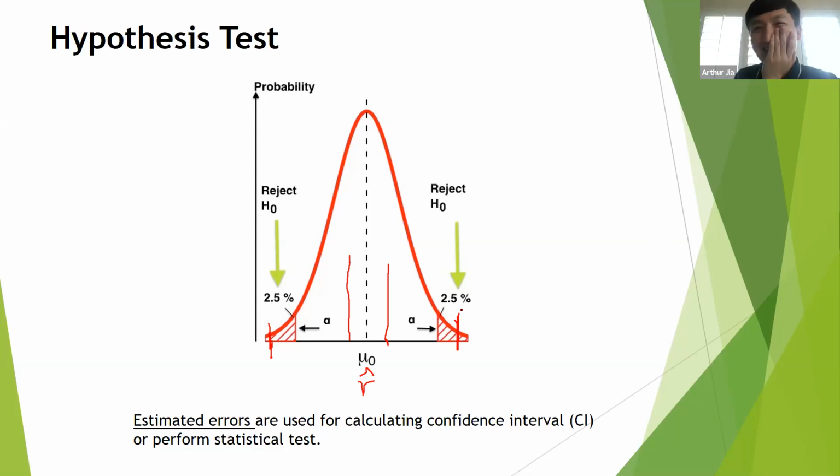So what we do here is to use our data to estimate this parameter, construct a null distribution, and use the standard error for this estimation to construct a confidence interval to do a test. So we want to use this null distribution to test our data.